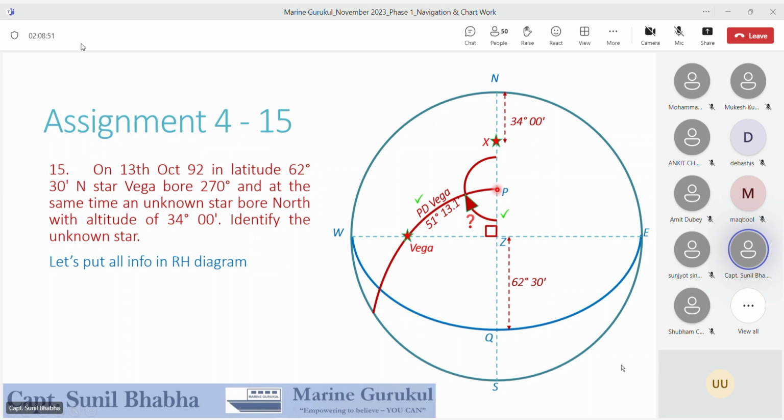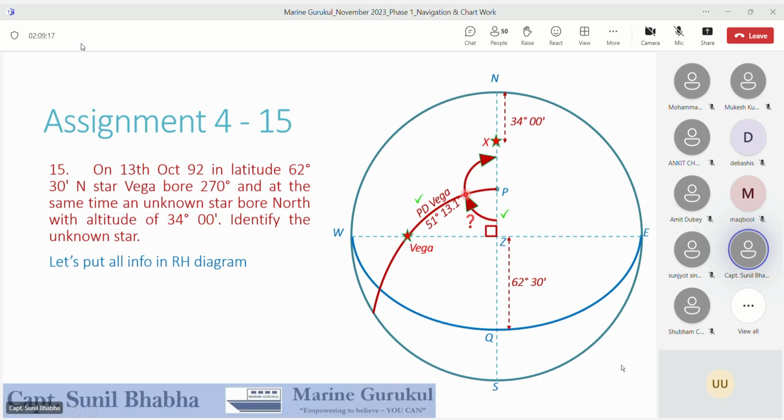So anybody on the inferior meridian, its LHA is 180 degrees. So LHA of the unknown star is 180, and the LHA of Vega has been found. This is known to us now. So from this information I can find out this angle, which I am highlighting with the laser pointer.